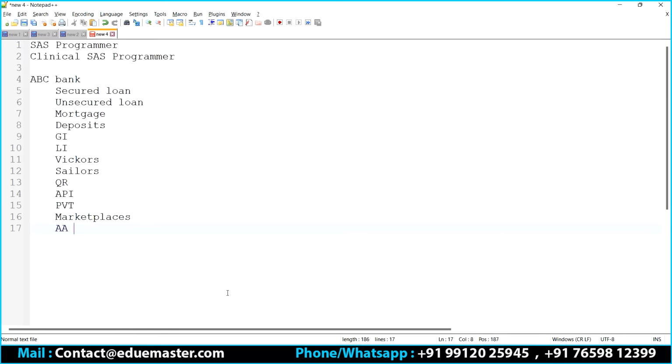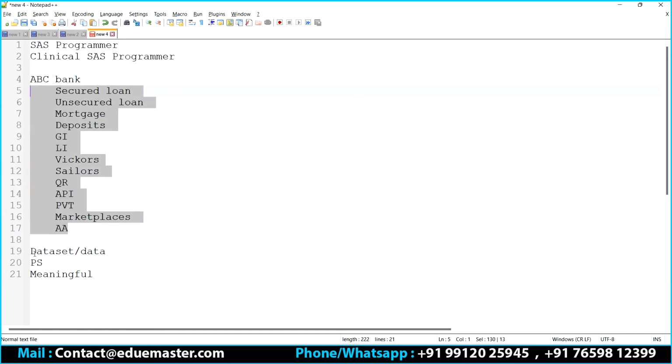What is the usage of Adobe Analytics? I don't know all this, but without knowing all these things, the moment I have the data set with me, and when I have the problem statement, I can provide meaningful solutions for that. Even without knowing this information, we can still work in the banking industry.